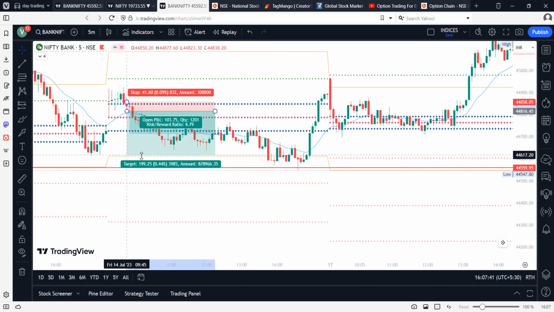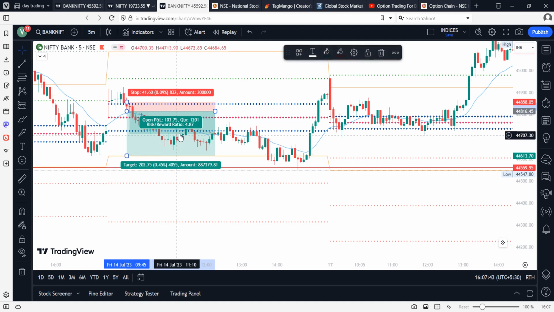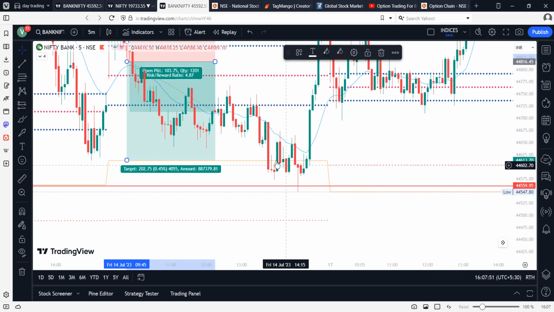See here how much we have got. It is around 4.87, around 5%. Whenever you are getting this much, you can choose to get out of the market because you are an option buyer. If you are an option seller, you can stay in the market till the market ends.